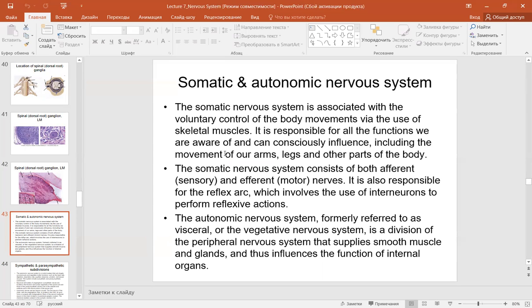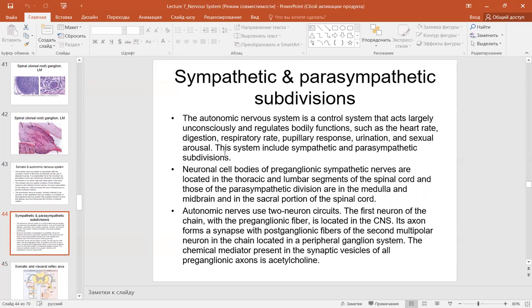The autonomic nervous system, formerly referred to as the visceral or the vegetative nervous system, is a division of the peripheral nervous system that supplies muscle and glands, and thus influences the function of the internal organs. Sympathetic and parasympathetic subdivisions.